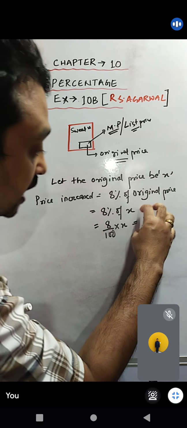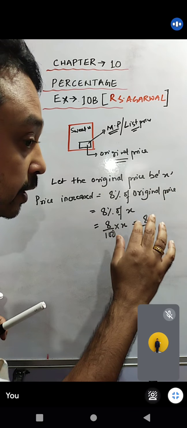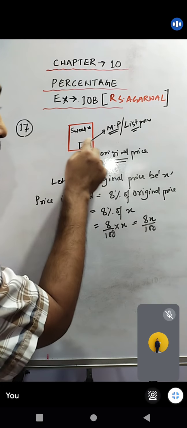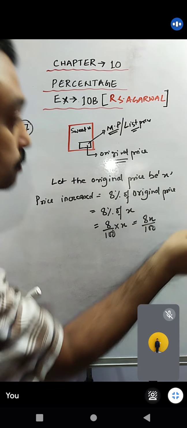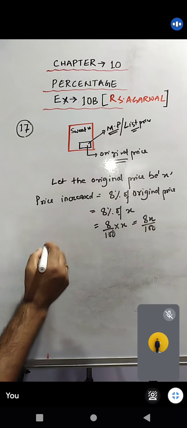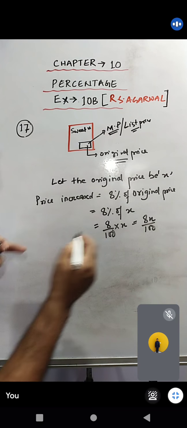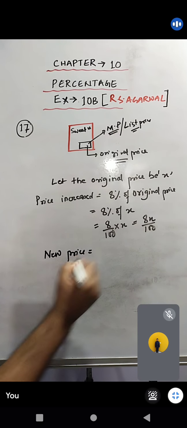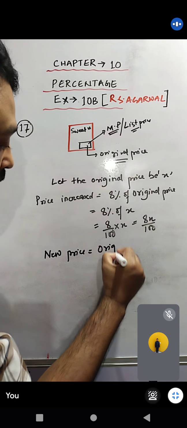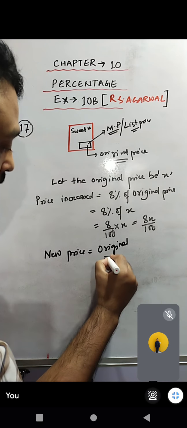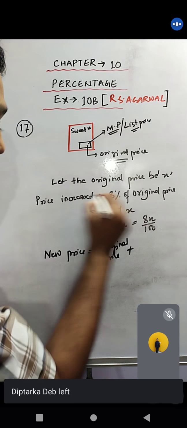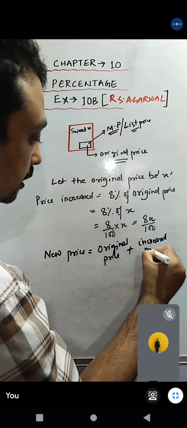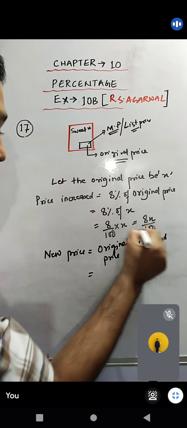Now, this is the increased price. So what would be the new price then? So original price will be there, and we are adding this price also with that. So now the shopkeeper is selling at what price? This is the new price. So new price means original price plus increased price. He is adding this. So original price is what?